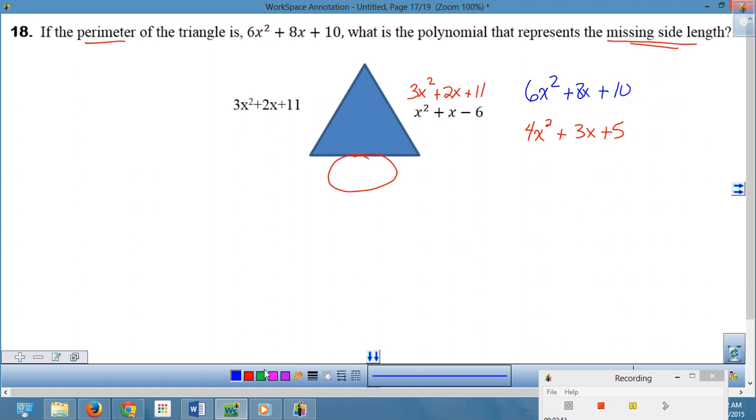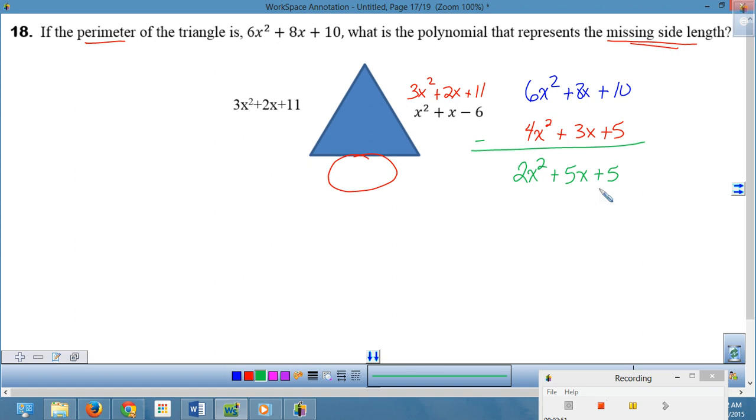What you can really do is just subtract that whole thing. So you have 6x squared minus 4x squared, which is 2x squared. You have 8x minus 3x, which is 5x. You have 10 minus 5, which is positive 5.